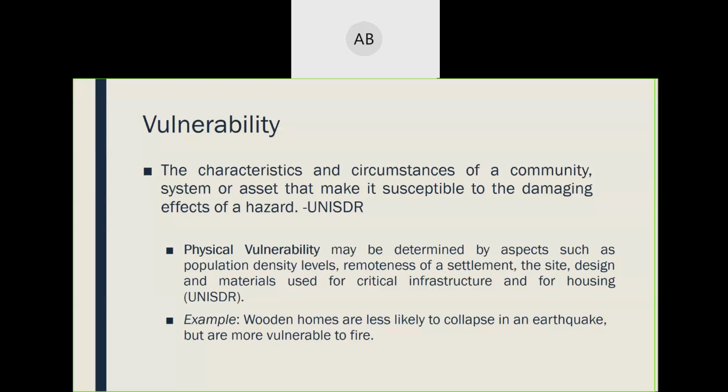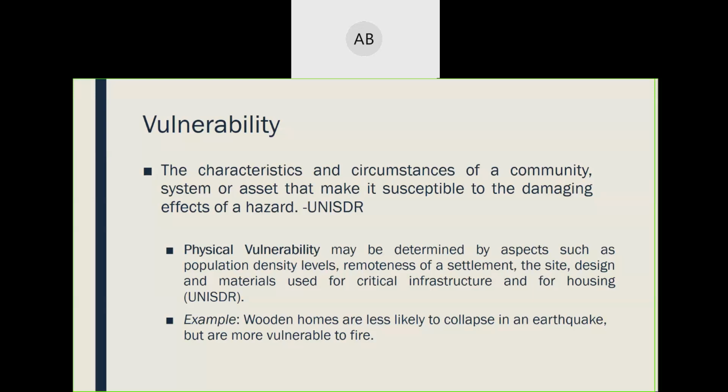Within those two numbers, the vulnerability of different things keeps on changing. So if I say that you have zero vulnerability against, I don't know, any sort of disaster, then you can be 100% sure that you are not going to get affected by that particular situation or environment.